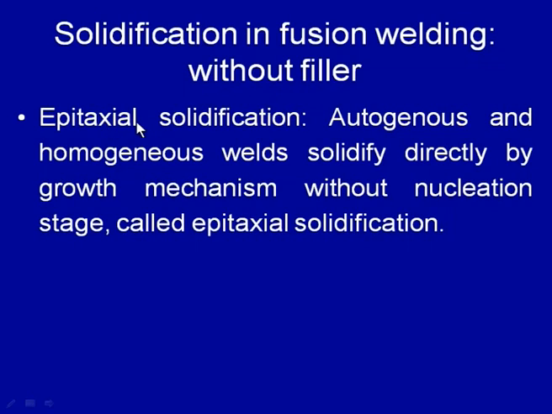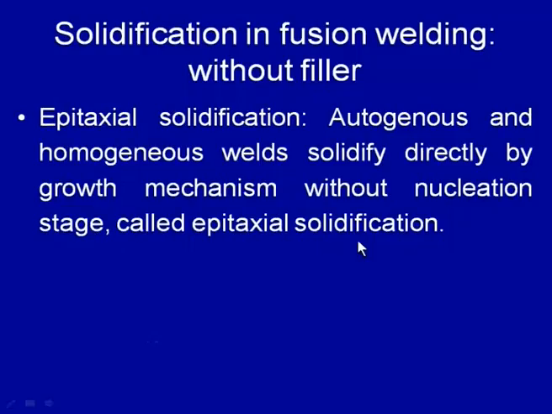So, in those situations where only the base material is brought to the molten state for developing a weld joint, like in an autogenous weld, or where the filler material composition is similar to that of the base material, the solidification normally takes place directly by the growth mechanism, where partially melted grains start to grow directly without the nucleation stage, and this type of solidification is called epitaxial solidification.